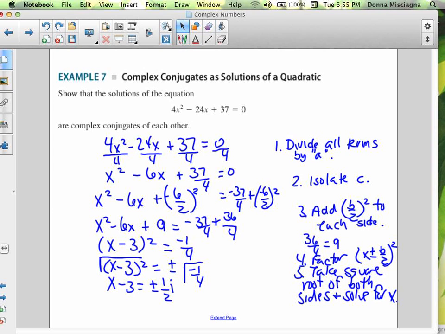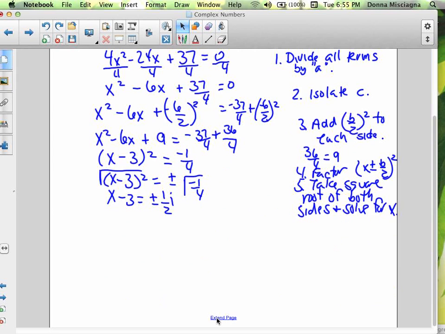All right, and then our last step is to solve for x. So we now add 3 to both sides. x equals 3 plus or minus 1/2 i. And the question was, are these complex conjugates of one another?